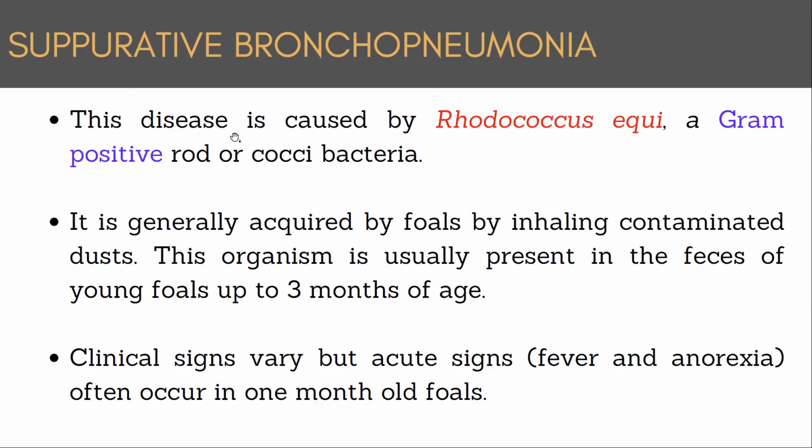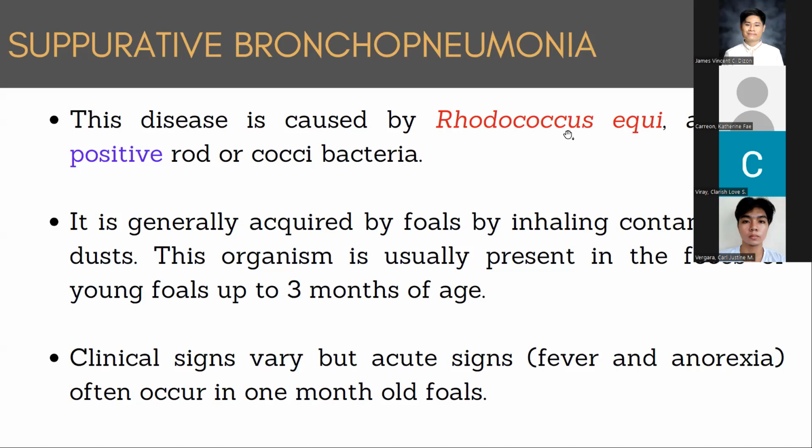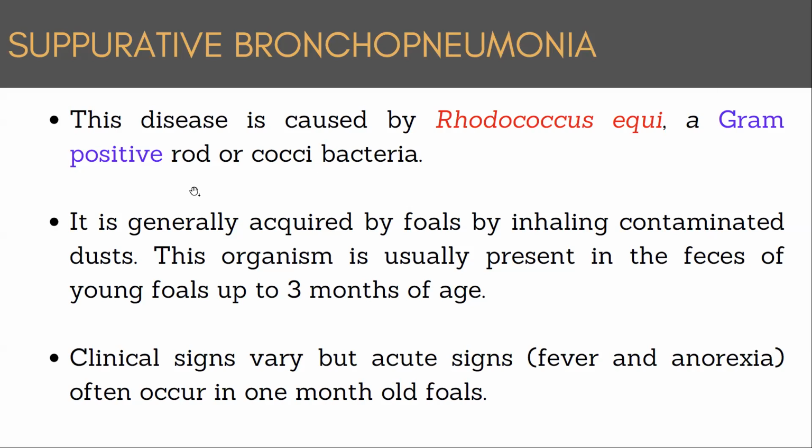So a gram-positive rod or cocci bacteria. So some bacteria, pwedeng hindi lang isa yung shape nila. So in this case, Rhodococcus equi can appear rod shape or coccus shape sa under the microscope, hence its name.